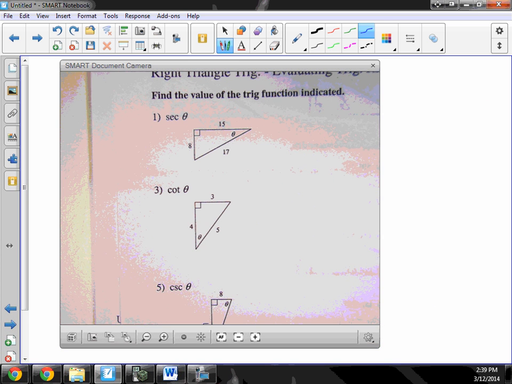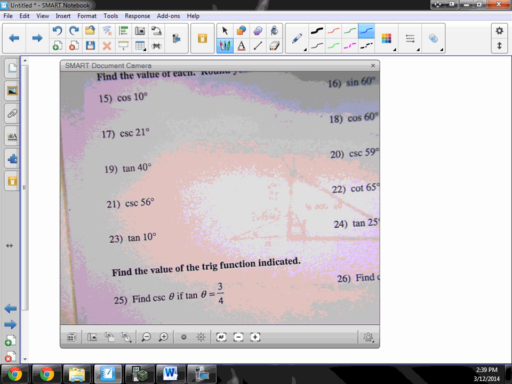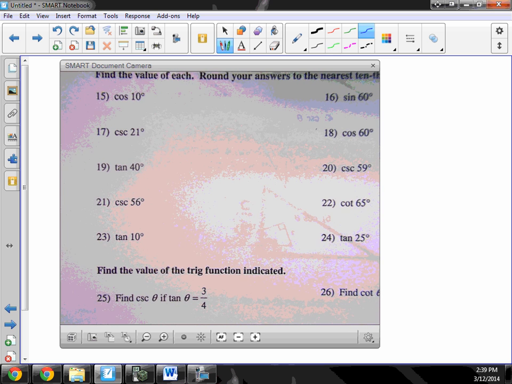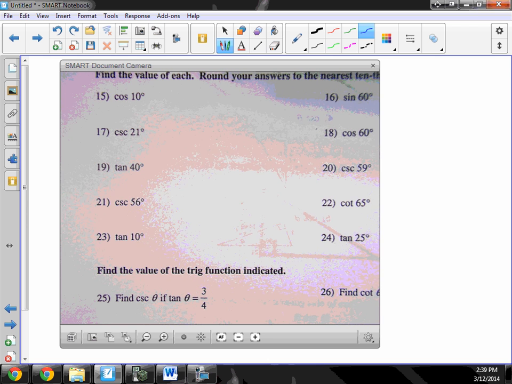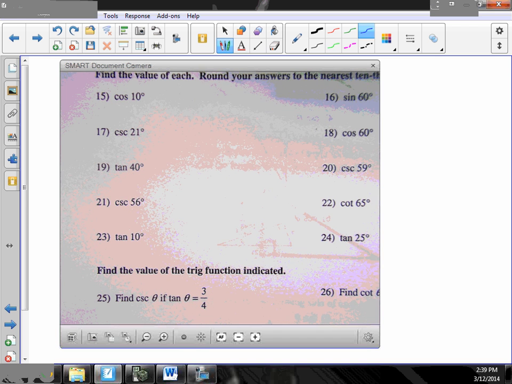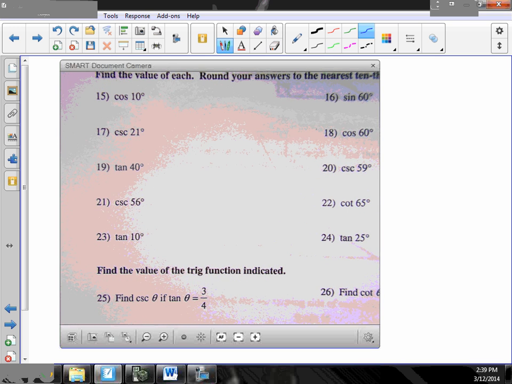All right. So that takes care of the first page, most of the second page, or part of the second page. How would I do this? The cosine of 10. It's asking what is the ratio, what is the percentage of the cosine when the angle is 10 degrees? Well, you could draw a triangle, but that's a waste of time.